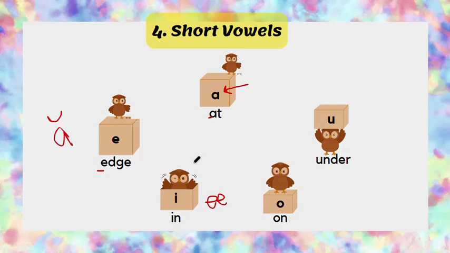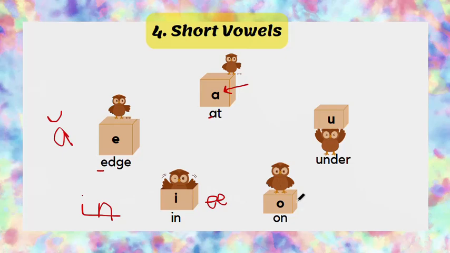Go slow. In. When you go slow, you will hear the sound of letter I properly. We don't say E, we say in. So a, at, e, edge, a, in.